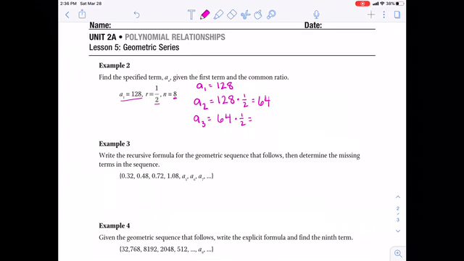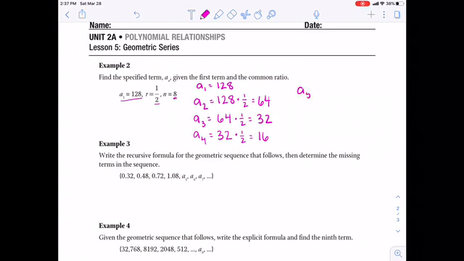It tells me that it equals 32. A sub 4 will follow a similar process. We take our previous number 32, multiply it by 1/2, and we get 16.